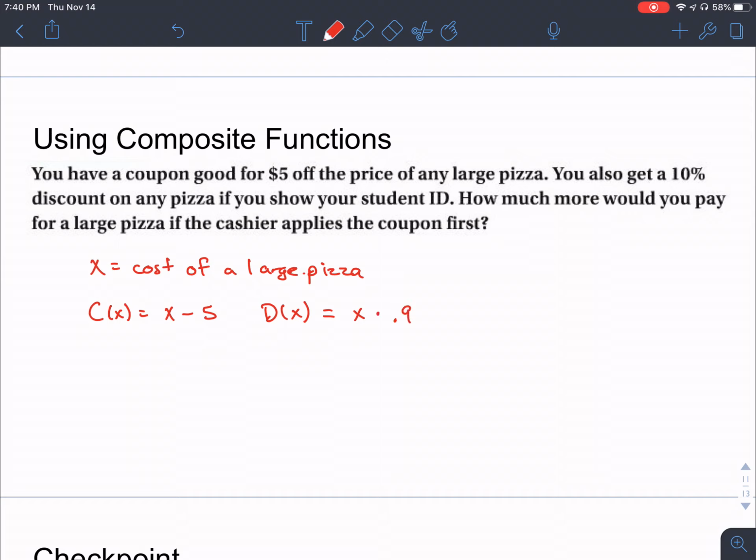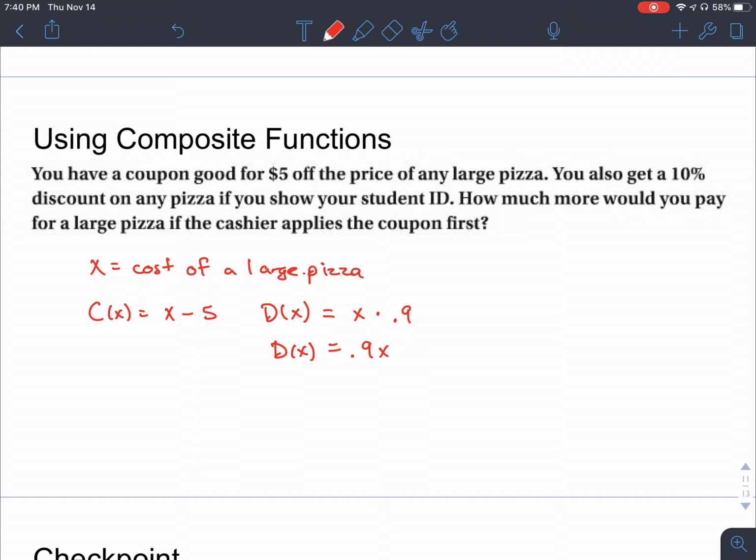Let's talk about that real quick, just so we understand. If you're taking off 10%, you're left with 90%. So figuring out exactly what it is that you're looking for, you would multiply the cost of the large pizza by 90% instead of 10%. In this case, we end up with 0.9x. So d of x is equal to 0.9x. All right.